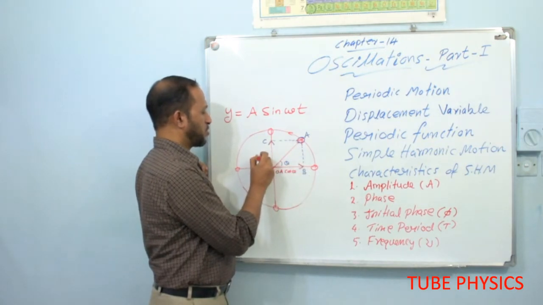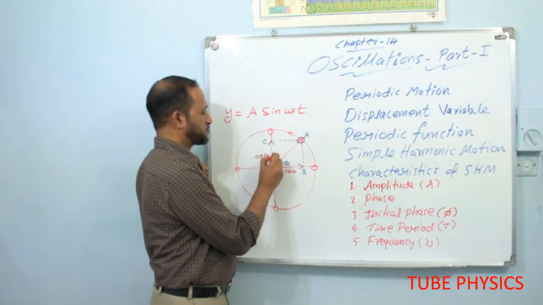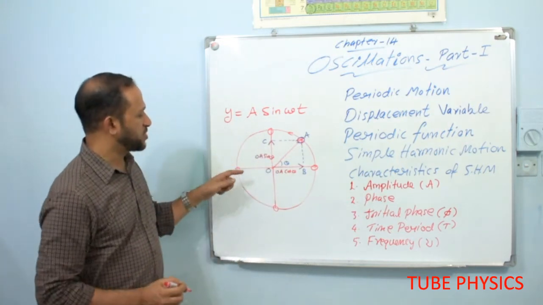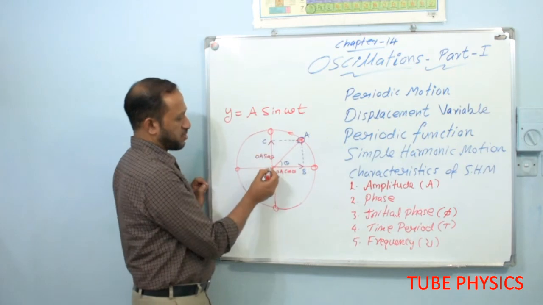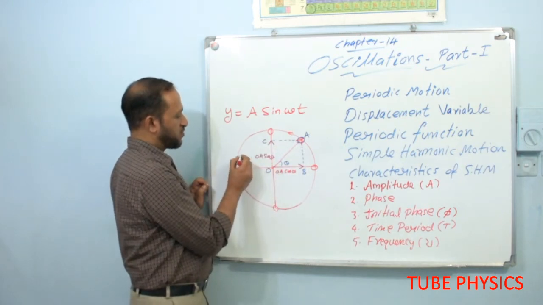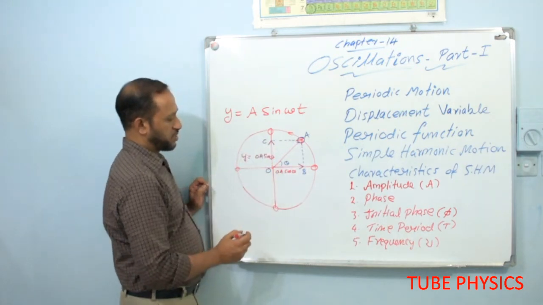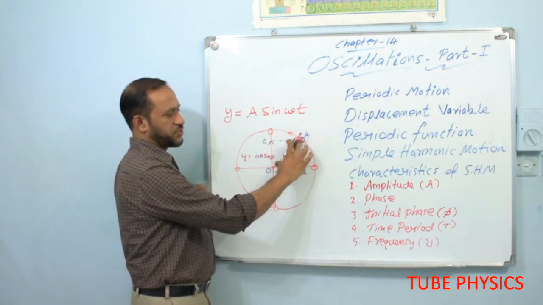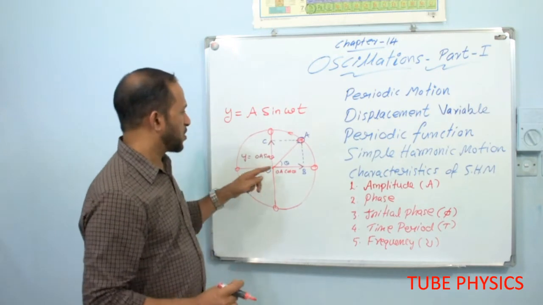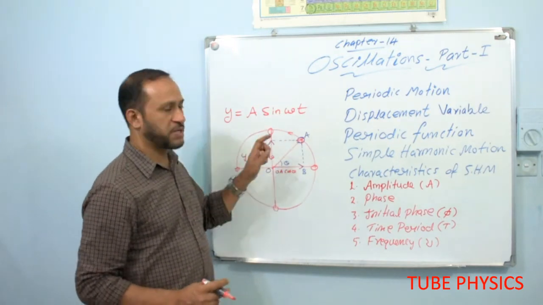So we can consider the displacement in the y direction, the component in the y direction, y is equal to OA sin theta. OA is the length of the position vector of the particle revolving around the circular path.